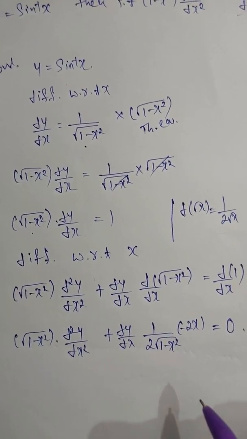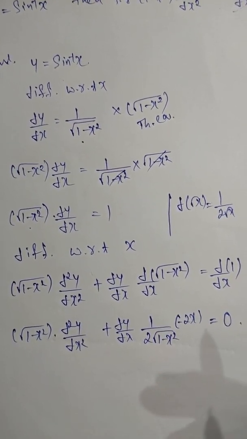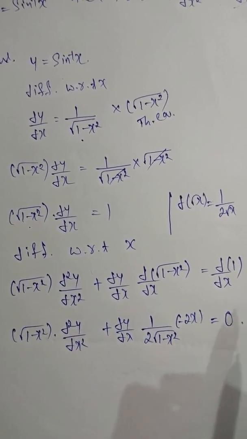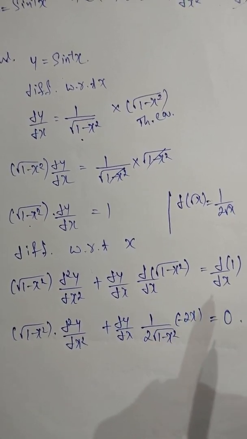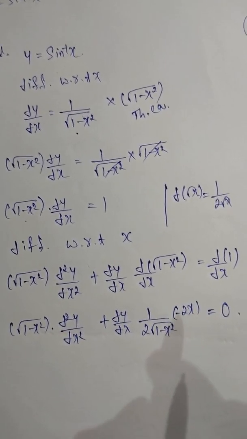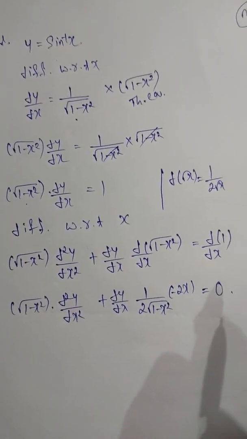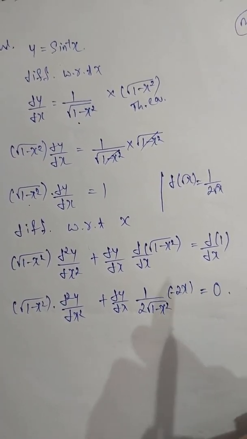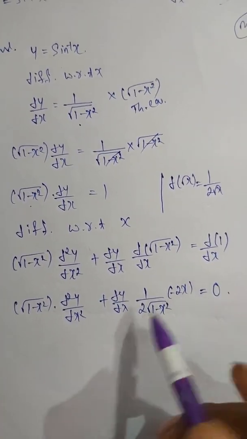Is it clear? Now I already told one point for you. After the differentiation, if any term exists in the denominator, multiply the term throughout the equation. Is it clear? So here in the denominator, what do we have?